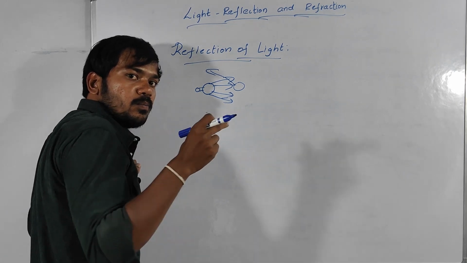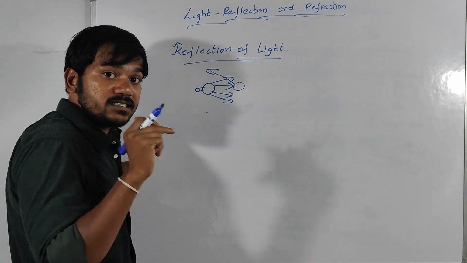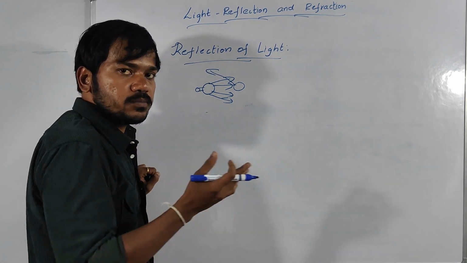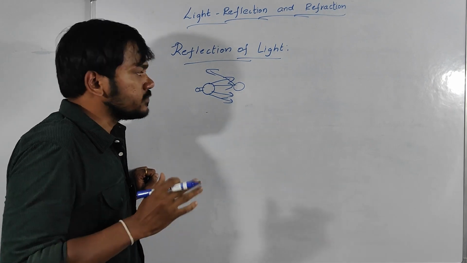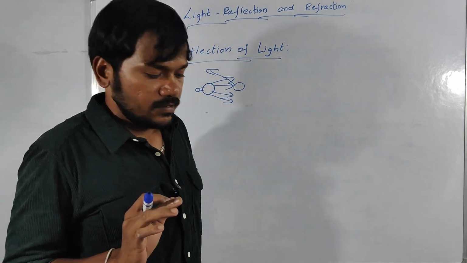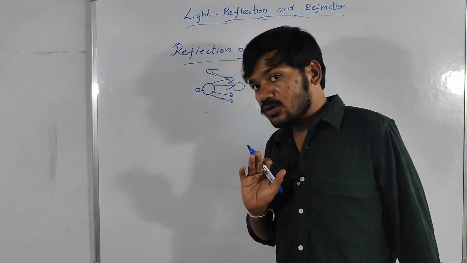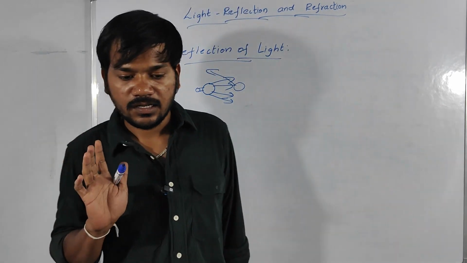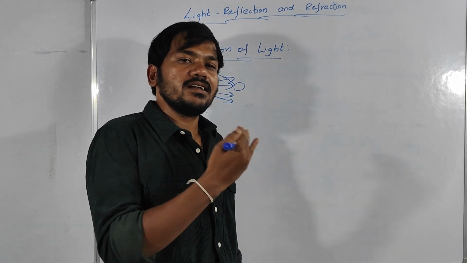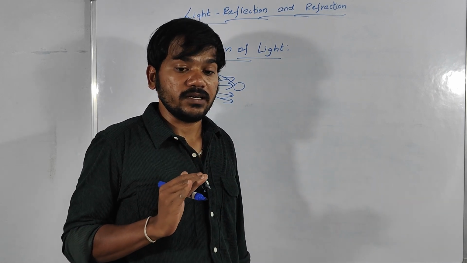Reflection is bouncing back of light into the same medium when light is incident onto a polished surface or onto any object. Mentioning the same medium is mandatory, because if the media is changed, the light rays will behave in a different way. So mentioning medium is important here.